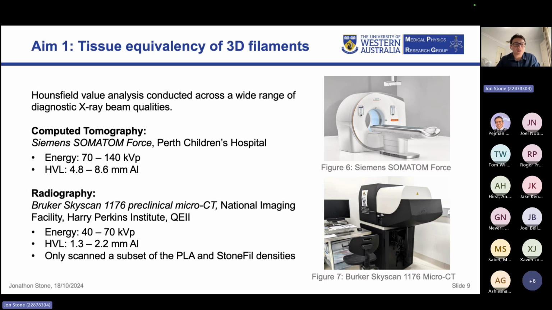For radiography, this is a unique part of our study, we were able to conduct Hounsfield unit analysis at beam qualities typical for radiography. And this was done using the Bruker SkyScan 1176 preclinical micro CT at the National Imaging Facility at Harry Perkins Institute. This was done for 40 to 70 kVp X-rays with a half value layer of 1.3 millimeters of aluminium to 2.2 millimeters of aluminium.